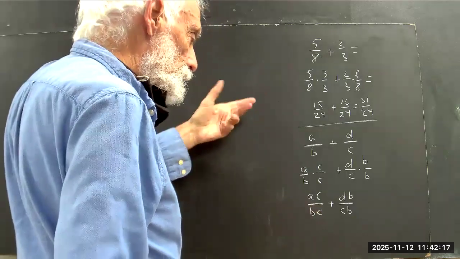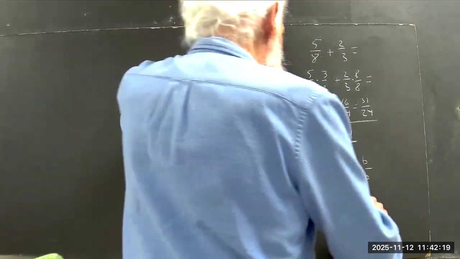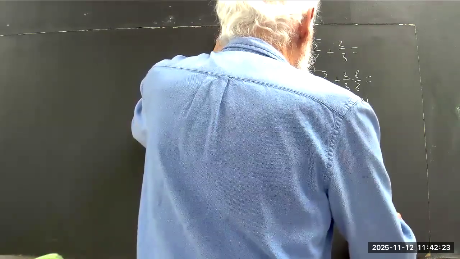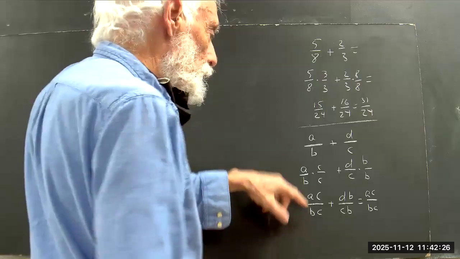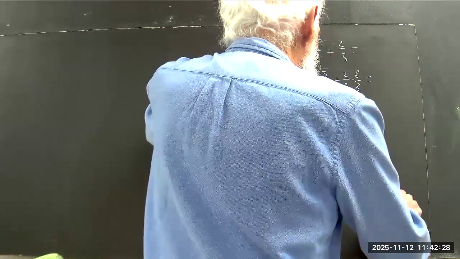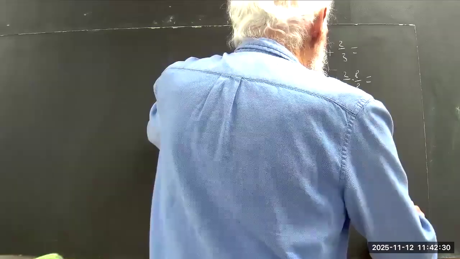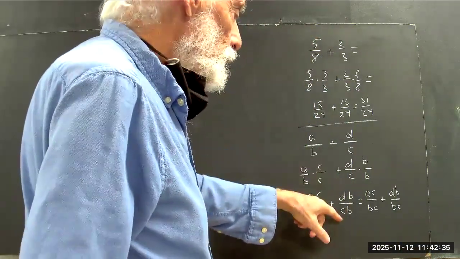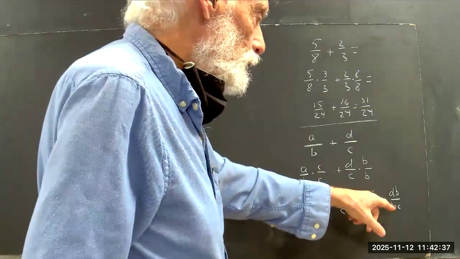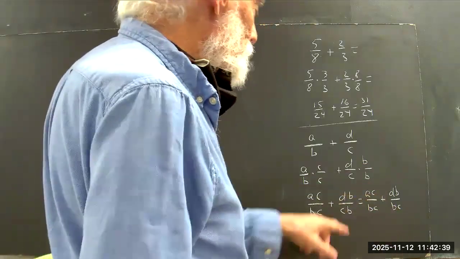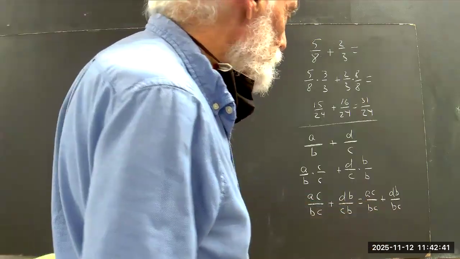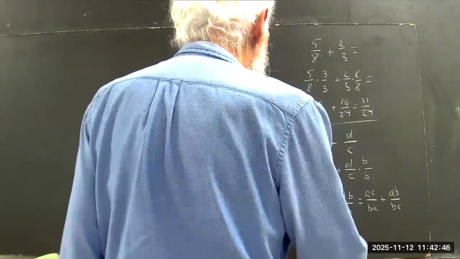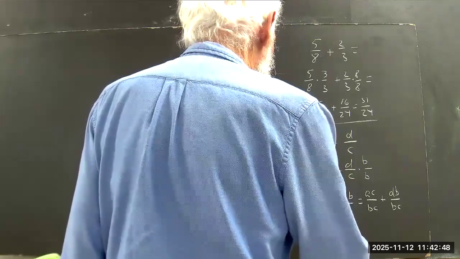CB is the same thing as BC. So we'll write again AC over BC plus DB over BC, which is the same as what we had before. DB over CB is the same as DB over BC, because CB is the same as BC. So now we can add the numerators.